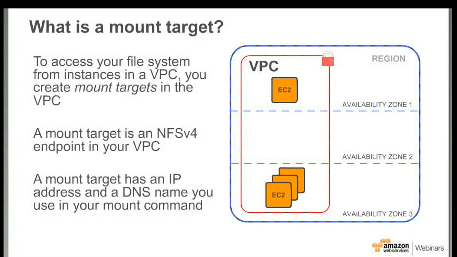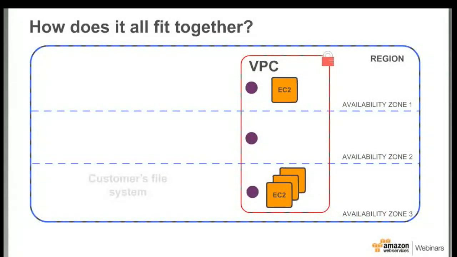Really, a mount target is an endpoint in your VPC to the EFS file system. A mount target has an IP address associated with it, and the DNS name that I was referring to resolves to that IP address. So when you're mounting your file system, you provide a DNS name, and it resolves to the IP address for the endpoint.